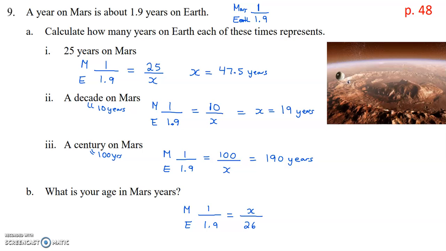So you would take 26, 1 times 26 is just 26, divided by 1.9. So X here would be 13.6, so let's just call it 14 years. So this is an example. So now you can figure out how old you are today if you lived on Mars.